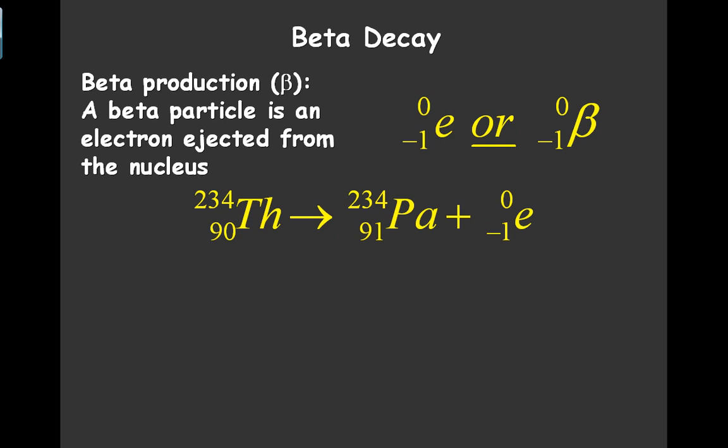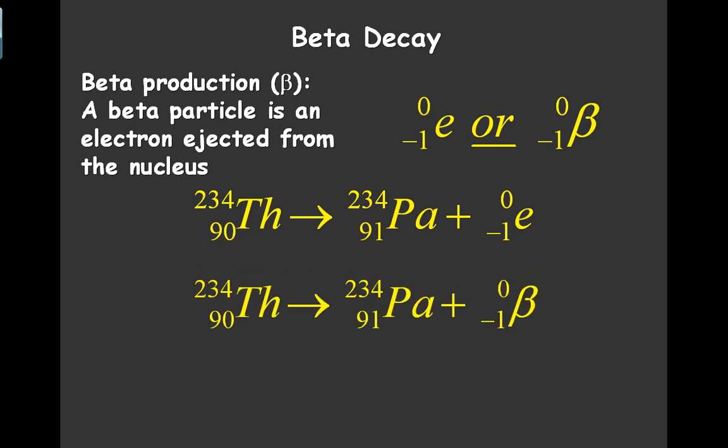Notice the atomic number goes up by 1 because, remember, it goes from 90 to 91 there. Remember that I said earlier that the neutron in the nucleus is splitting up to form a proton and an electron. So you actually increase the atomic number. Now the mass doesn't change because an electron coming out doesn't significantly change the mass of the element.